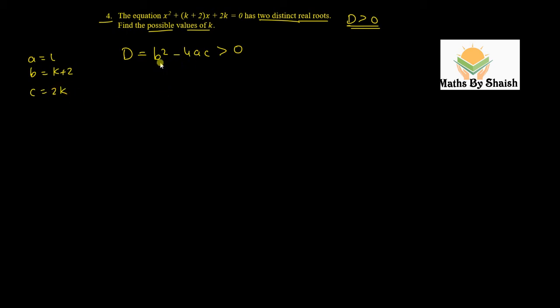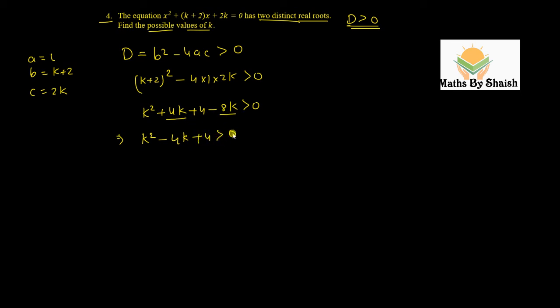We get (k plus 2) whole square minus 4 times 1 times 2k greater than 0, or k square plus 4k plus 4 minus 8k greater than 0, and hence k square minus 4k plus 4 is greater than 0.